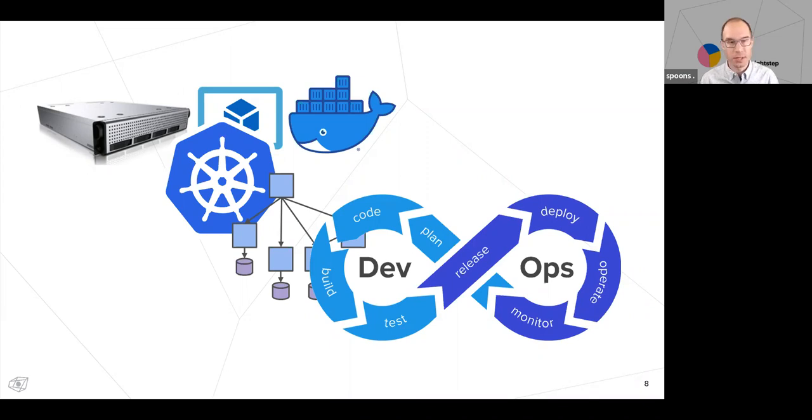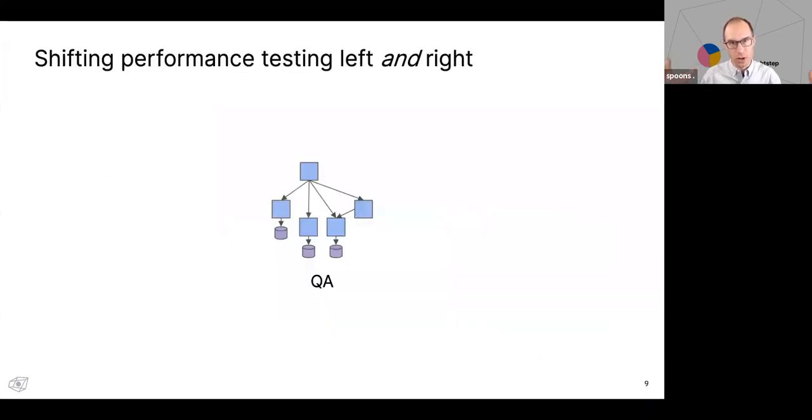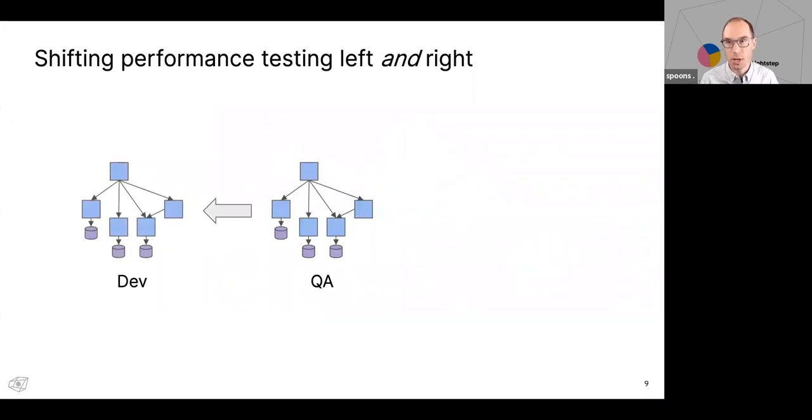Now, when we think about the development lifecycle and overall, DevOps means that we can move thinking about performance and testing performance earlier in the process, right? We can move it back into a development mode. And that's great because that's more familiar for those developers. That's where they're used to working. And so if they can think about and measure and reason about performance there, that's great.